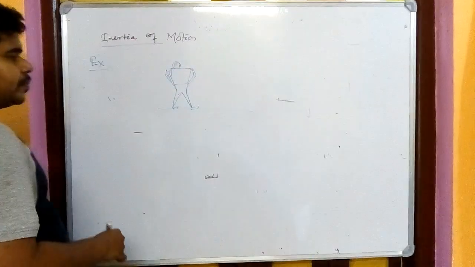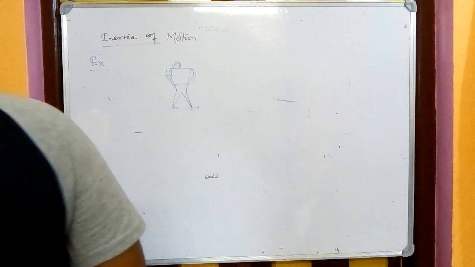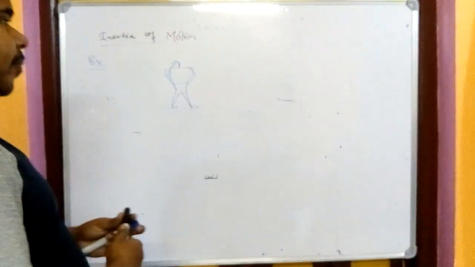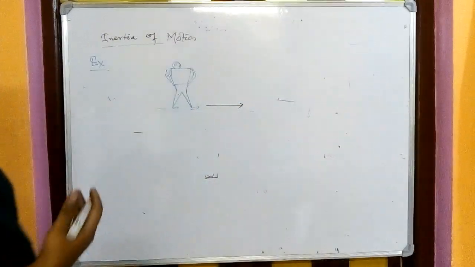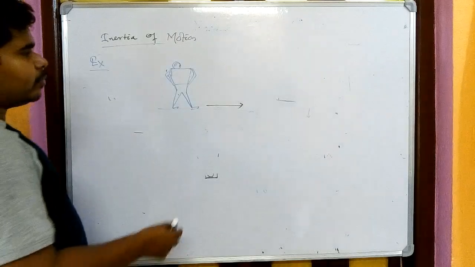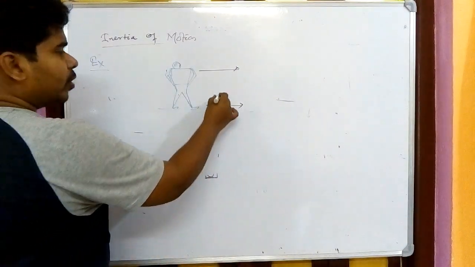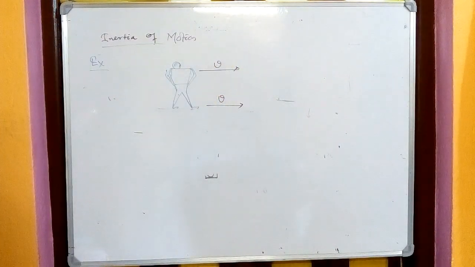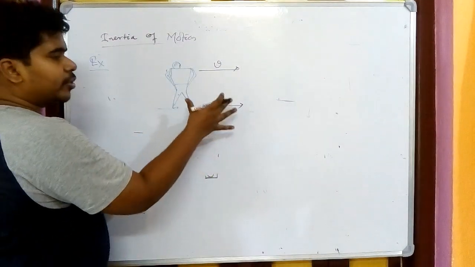Why does it occur? Assume a person is standing on the floor of a train. As the train is moving with a uniform velocity, that same velocity is there for the man also. If the train is moving with a velocity of v, the man is also moving with the same velocity v, and suddenly when the brake is applied, the floor gets stopped.